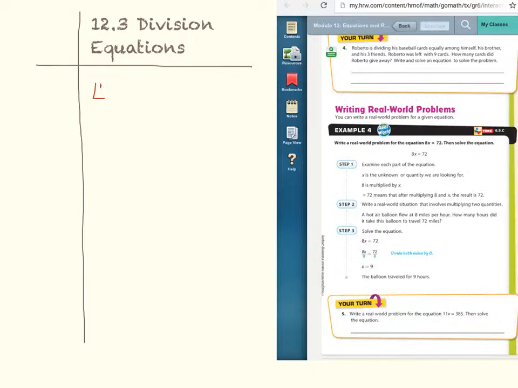Okay, finally, they're talking about writing real-world problems. So you're going to look at a problem and then you're going to make up a story. I told some of my classes a story. I'm going to look at example 4 right here. 8x equals 72. Okay, usually when you have a number next to a letter, a lot of times it's money, but not every time.